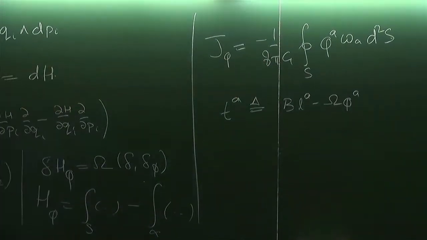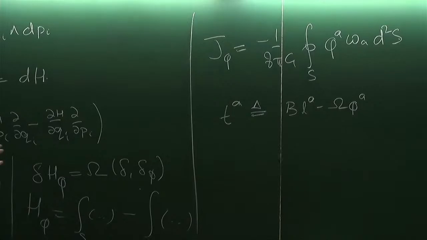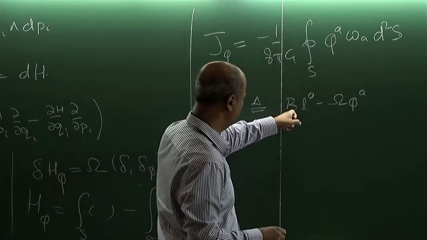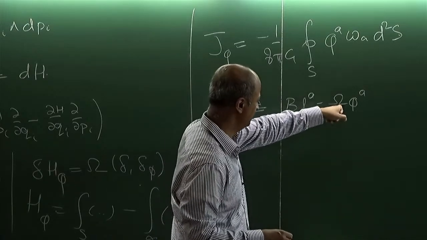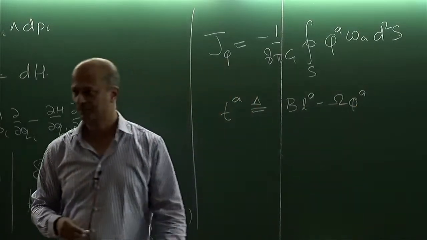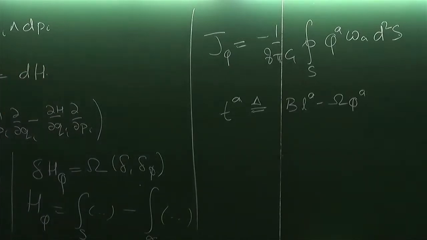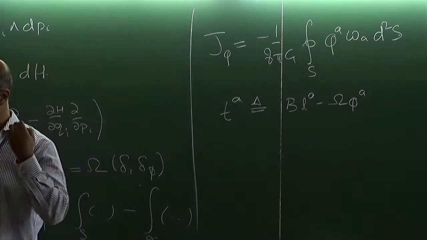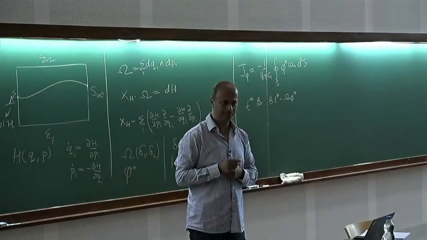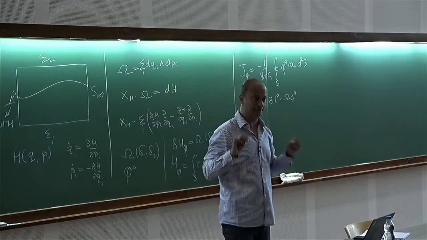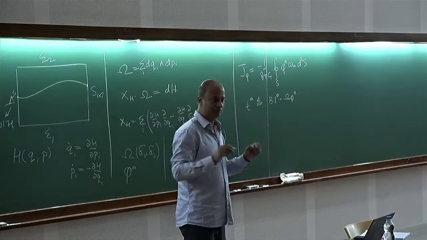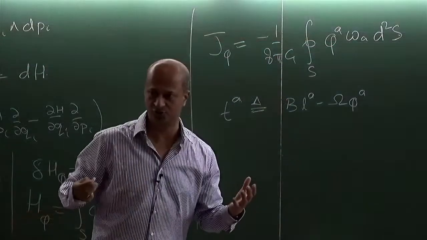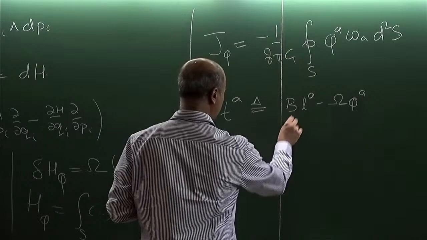Omega will later become the angular velocity, but at the moment we just say this time translation at the horizon is given by some B times L minus some omega times phi. Now it is important here that these B and omega are constants on a given horizon, but they are not constants in phase space. So if I now go from one solution to another, then this B and omega will change.